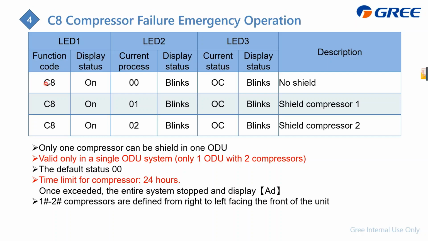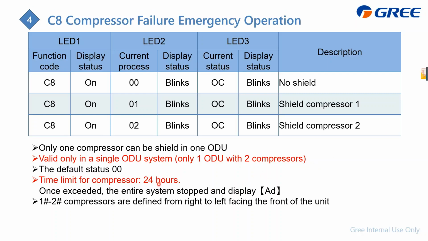For C8, different codes have different functions. 00 means no function, no compressor shielded. 01 is shield compressor 1, and 02 is shield compressor 2. And we can use this function within 24 hours.